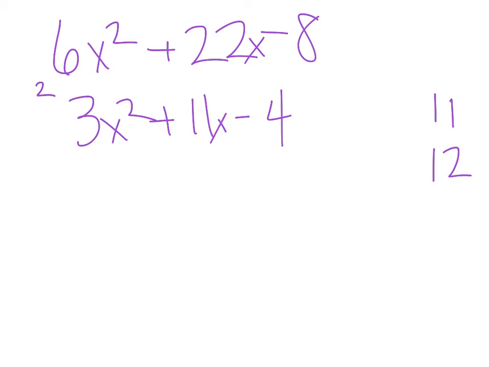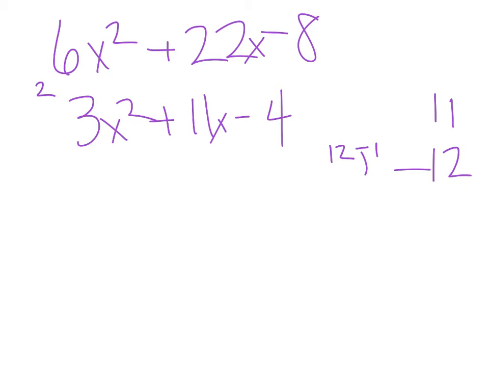And that needs to be actually a negative 12 when I multiply. I'm going to take a wild guess that it's 12 and 1. And one of them needs to be negative. But since this is a positive 11, I'm pretty sure that the 1 needs to be negative. 12 and negative 1. Now let's take a look.